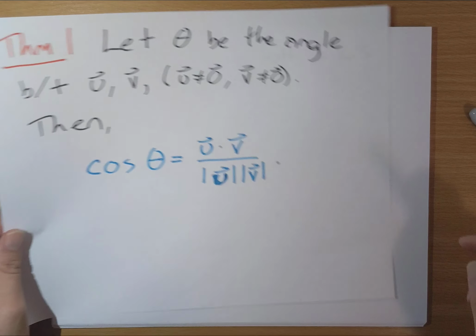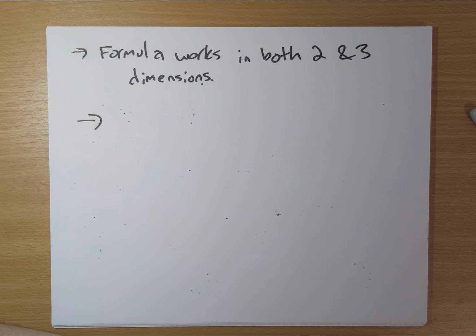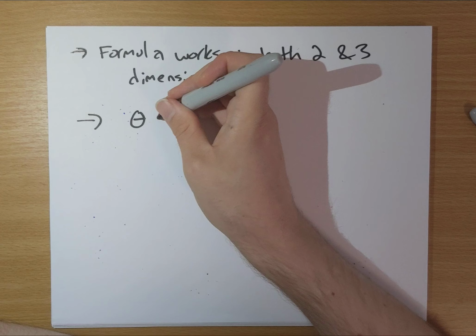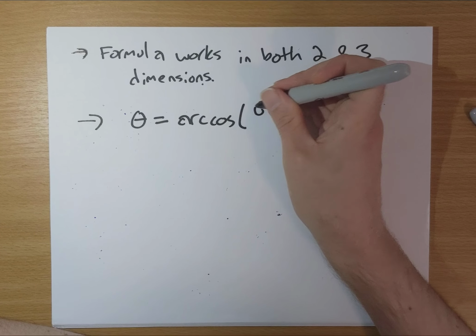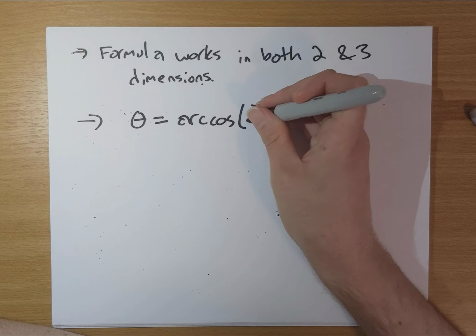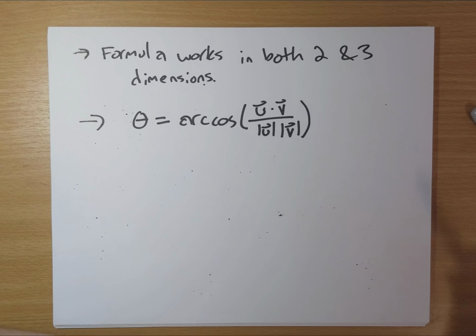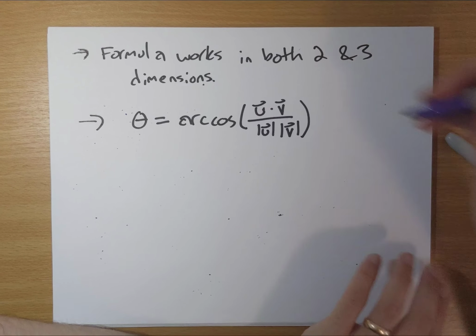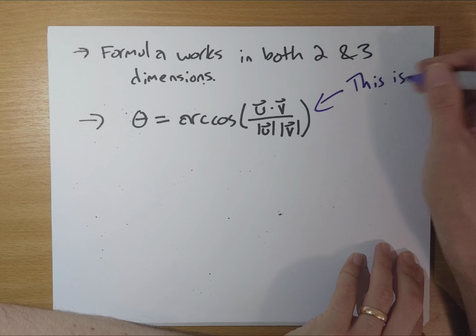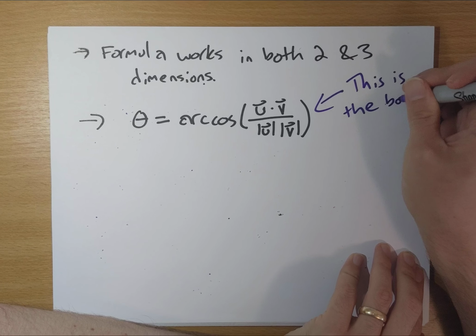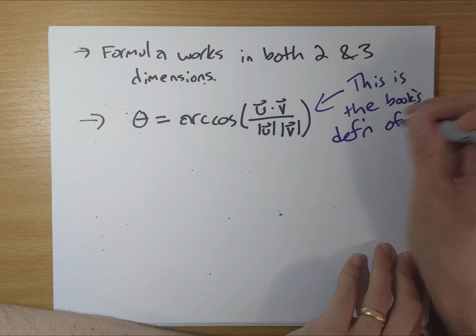I can take inverse cosine of both sides to give us the fact that theta is equal to arc cosine of u dot v over magnitude u times magnitude v. And in fact, this is the book's definition of the dot product.